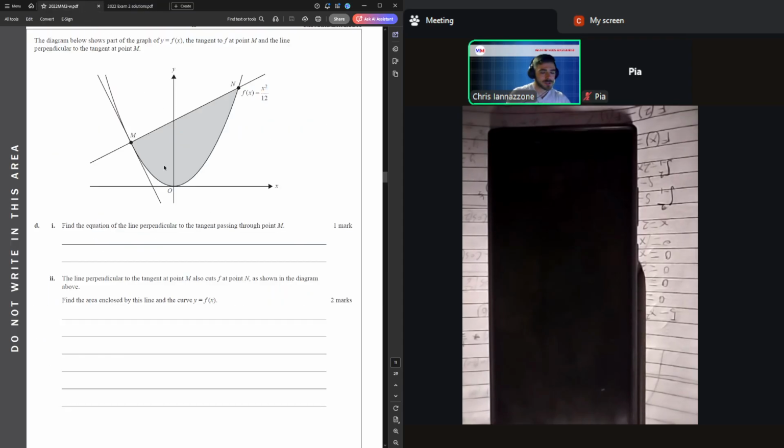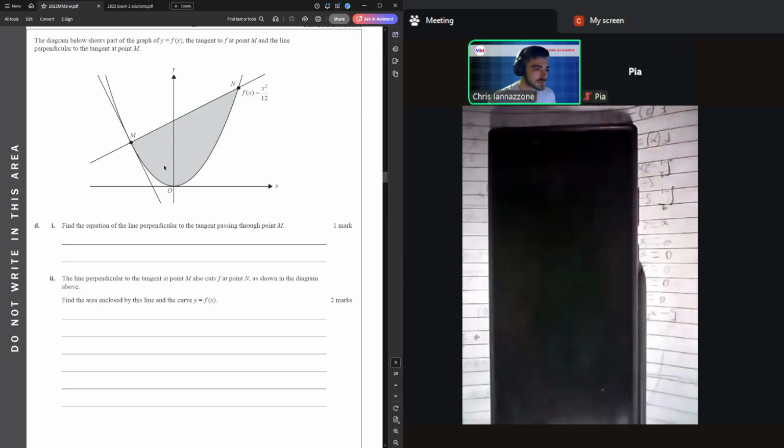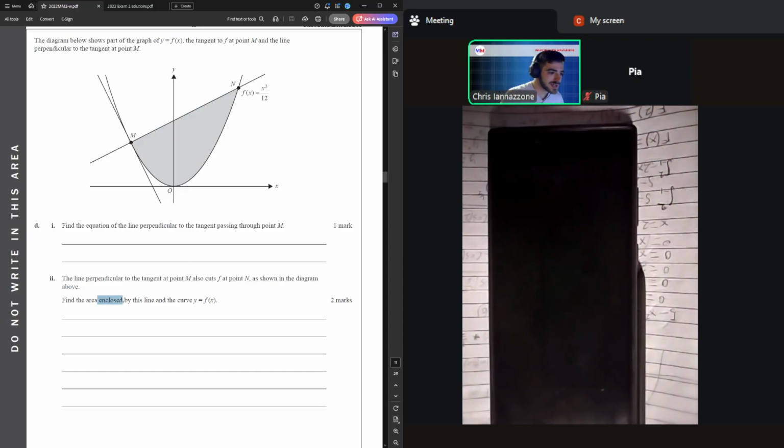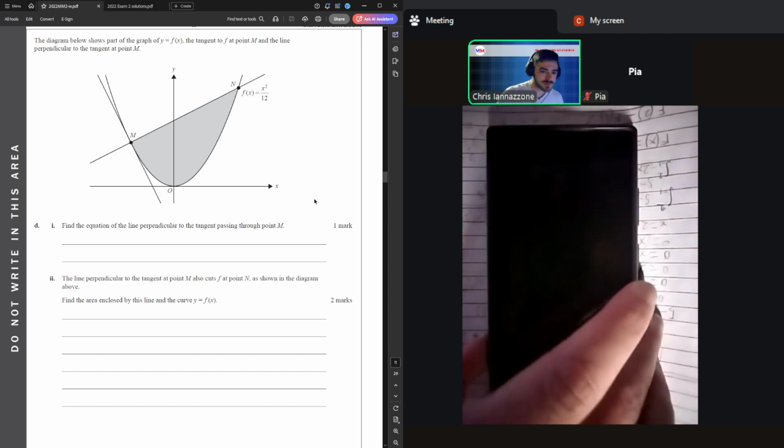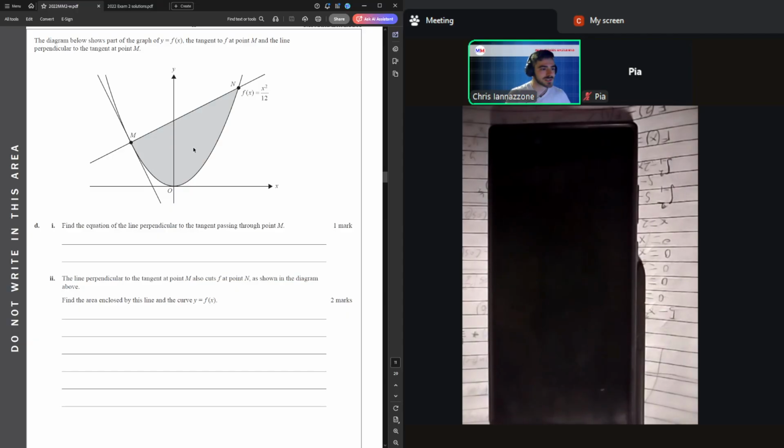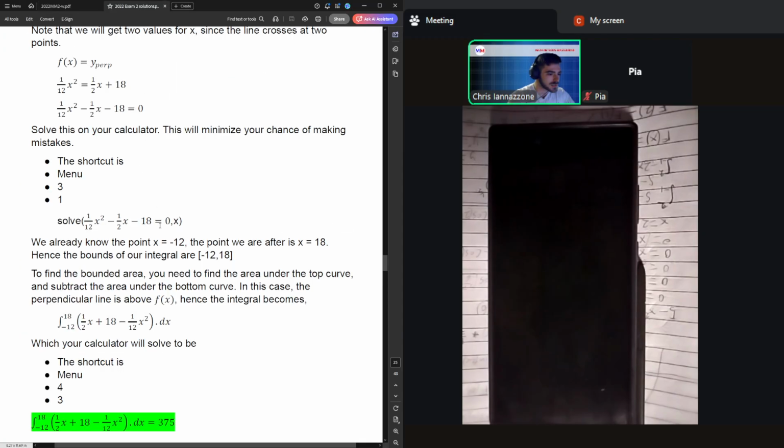Anytime you have an area bound between curves, so the keyword area bound between or enclosed by two things, as long as it mentions anything other than just a function and x-axis, as long as there's something else involved, you do top take bottom. So you're still doing the integral from negative 12 up to, what was it, 16, 18? 18.